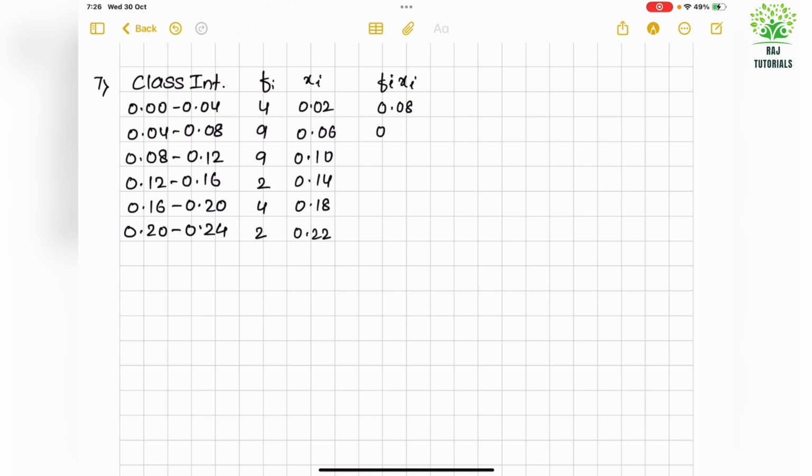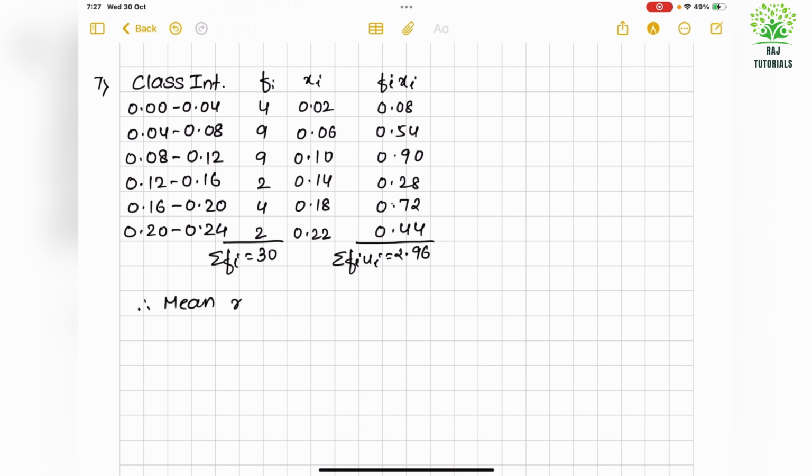Now if I use the direct method, fi xi will be 0.08, 0.54, 0.90, 0.28, 0.72 and 0.44. If I do sigma fi, that is coming as 30, and sigma fi xi is coming as 2.96. Therefore the mean x bar will be sigma fi xi upon sigma fi, so that will be 2.96 upon 30.